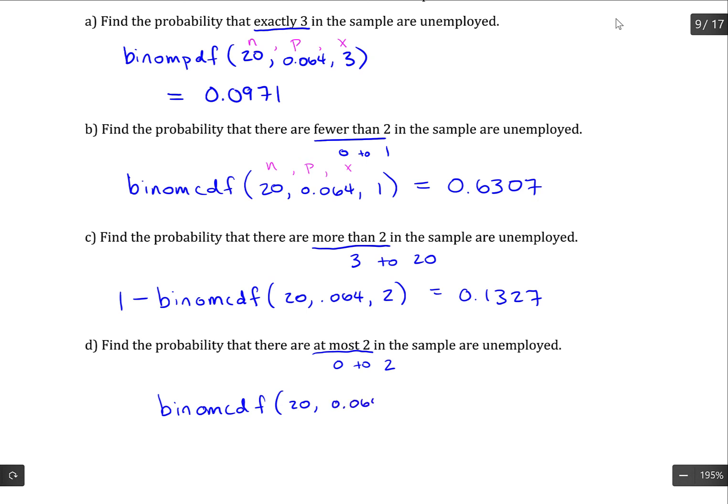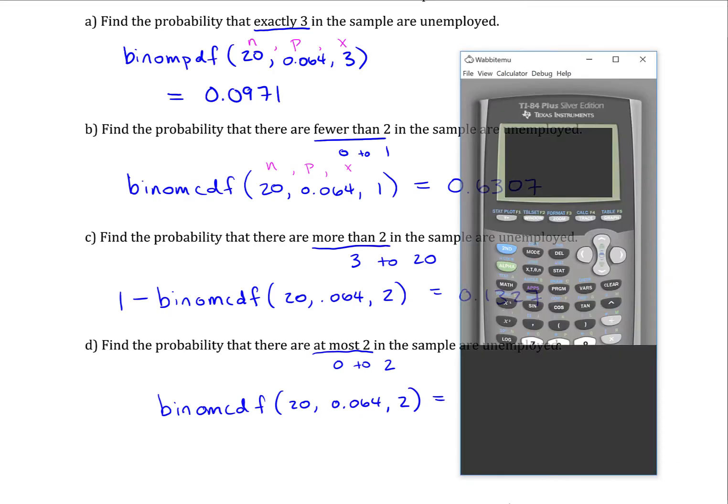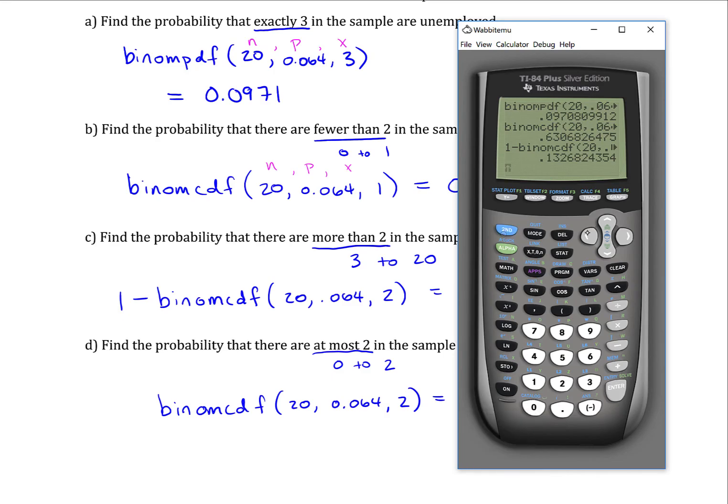Probability of success is unchanged, but we want to go up to and including 2. So that's going to be binomial CDF, 20, 0.064 and 2 is my last input. So 0.8673.